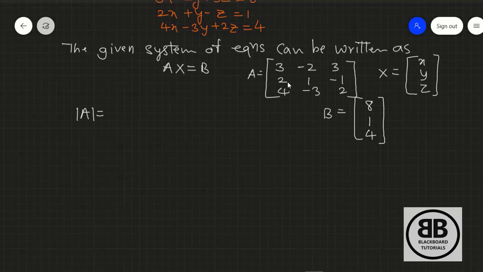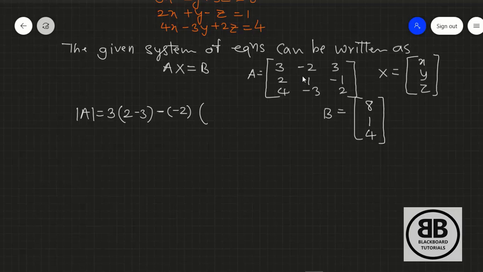We will expand the determinant along the first row. The first element will be 3; delete the first row and first column, and find the determinant of whatever remains. So it is 2 minus 3. The second element will be minus of minus 2.